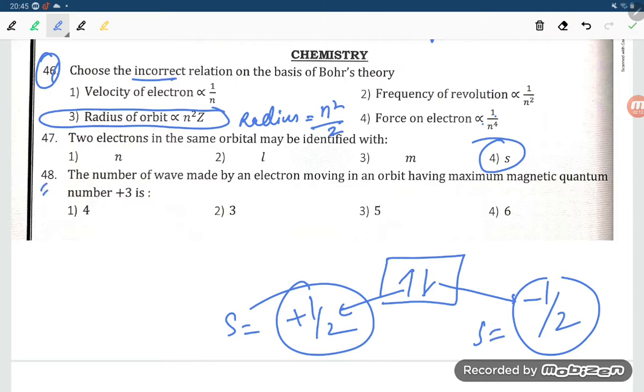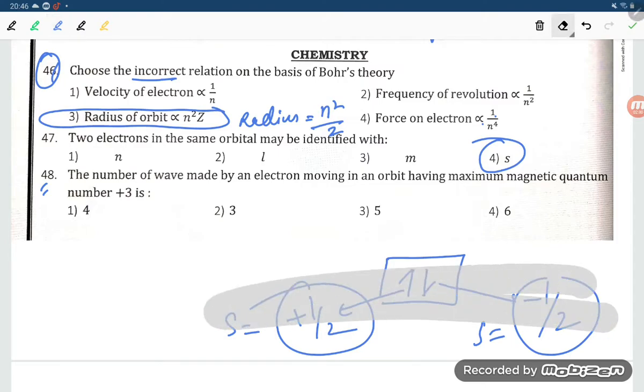Next one, 48: the number of waves made by an electron moving in an orbit having maximum magnetic quantum number plus 3. So they are asking for the maximum waves.